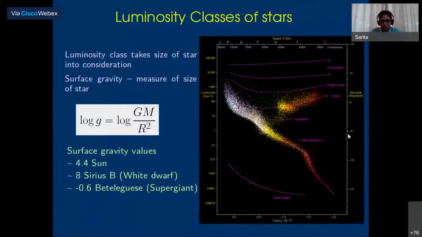Before we move away from this topic of luminosity classes, let us look at the fact that in giants the radii are much larger. So once you have a very large radius, what happens? The mass may be the same or may not be the same. Suppose the star itself becomes a giant star.